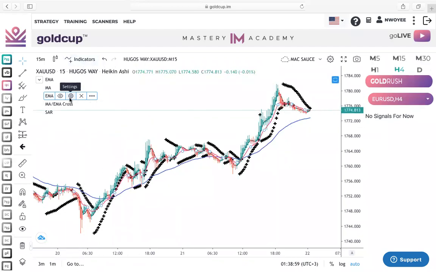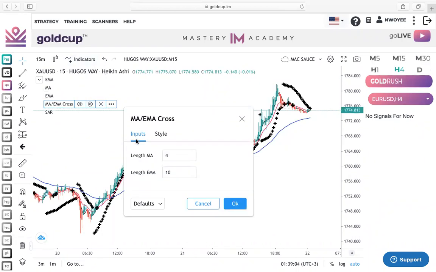Now I go to setting. Now, my input for the MA/EMA cross, the length MA needs to be 4, and the length EMA needs to be 10. The length MA needs to be 4, the length EMA needs to be 10.